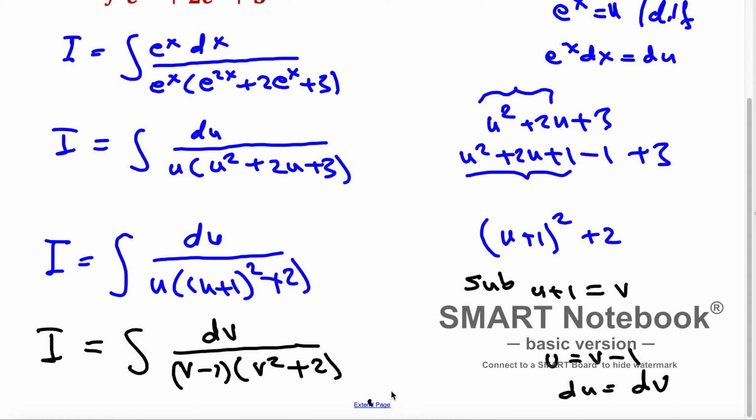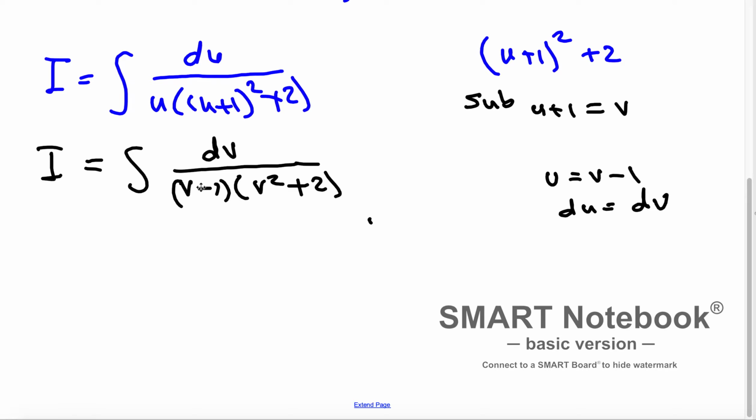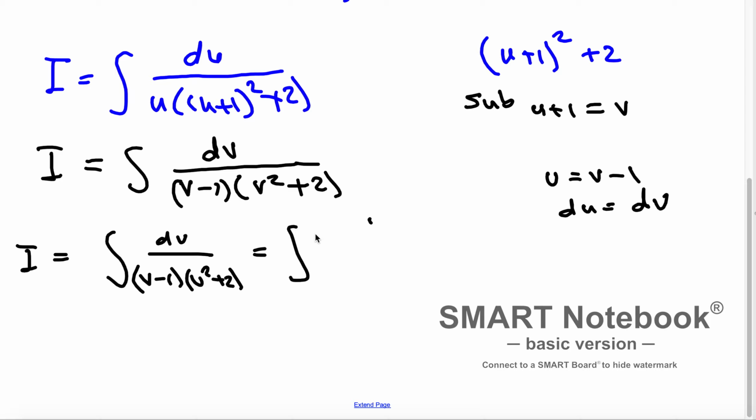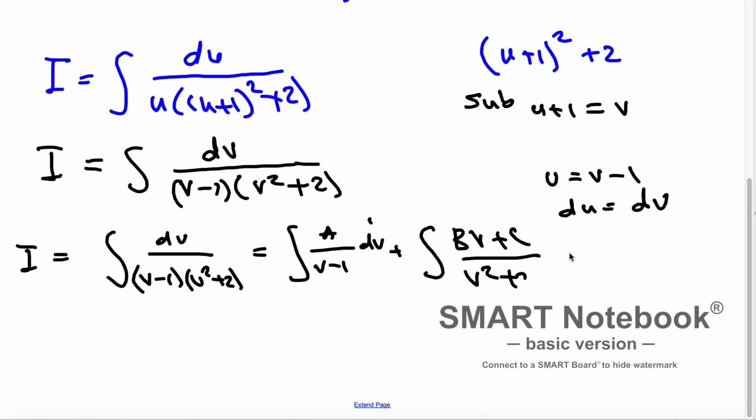This fraction I can write as a partial fraction. I can write dv over v minus 1 and v squared plus 2 in this form as an integral of a divided by v minus 1 dv plus bv plus c divided by v squared plus 2 times dv.